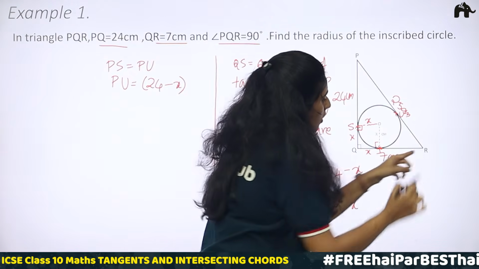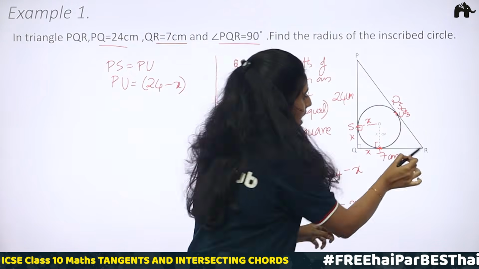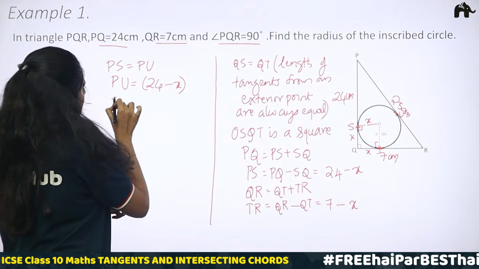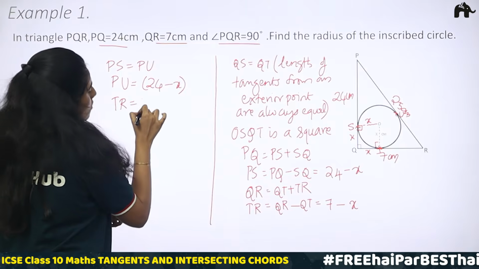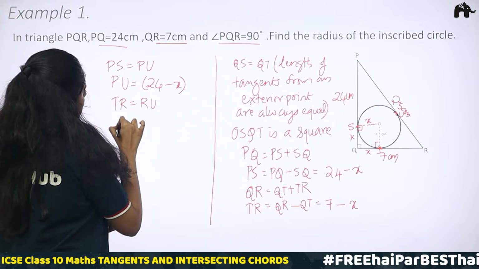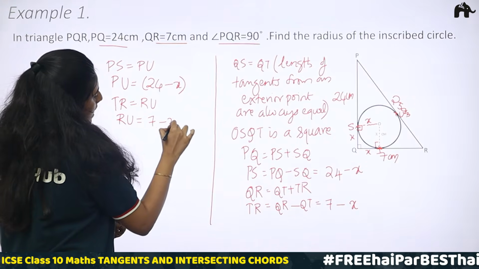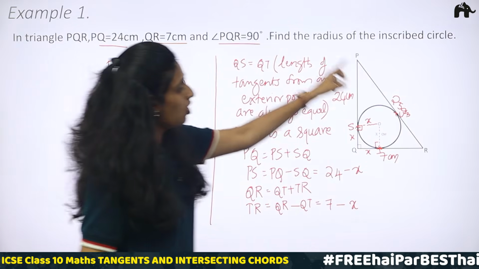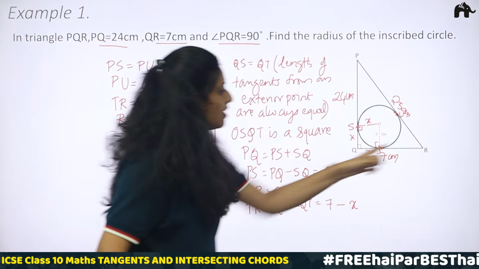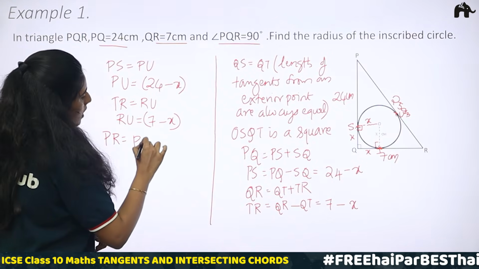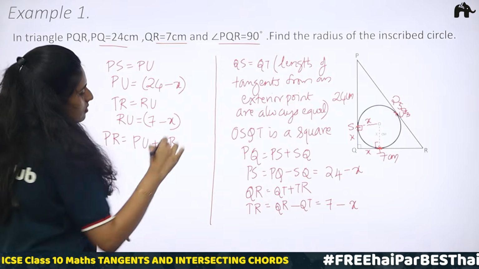From the same point, exterior point R, we have another tangent which is RU. Therefore, we will be having TR is equal to RU. Therefore, RU is equal to 7 minus x. Now, we know the total length PR. PR is equal to PU plus UR.